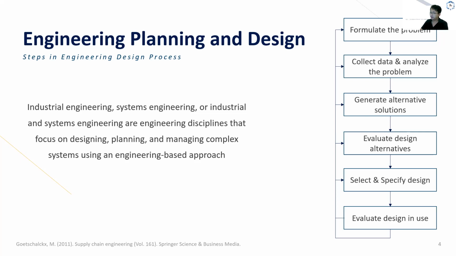Okay, so that's why the arrow that you see here is not just a one-step process. There is a returning process. When you collect the data and analyze those data, and then you try to relate it with the problem that you already defined earlier, and you find some mismatch, you can always go back and iterate the process.